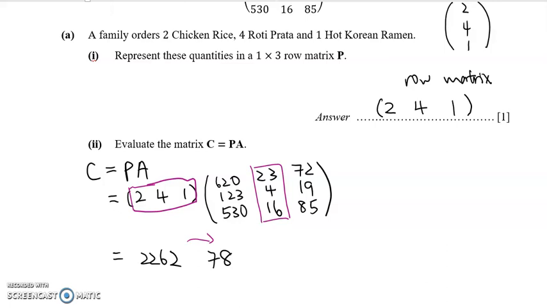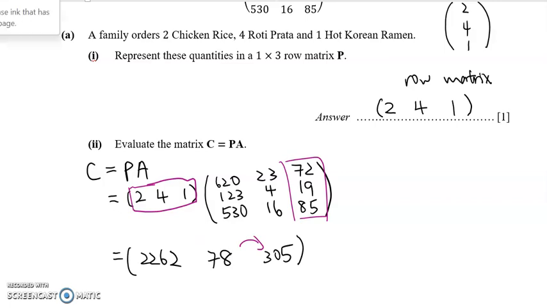If I go on now to the third column, so my answer, go on to the third column. So I have a 1 by 3 matrix. Do also check that your matrix multiplication makes sense.